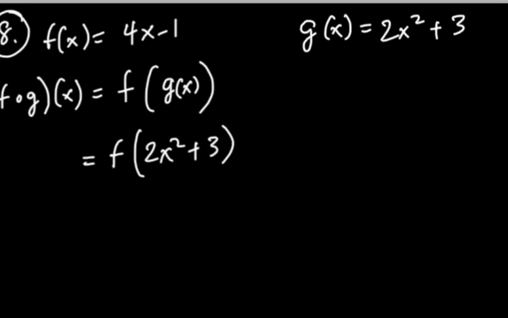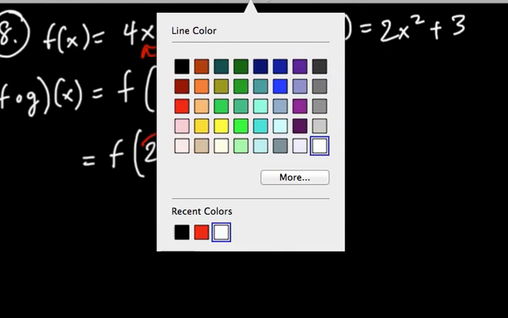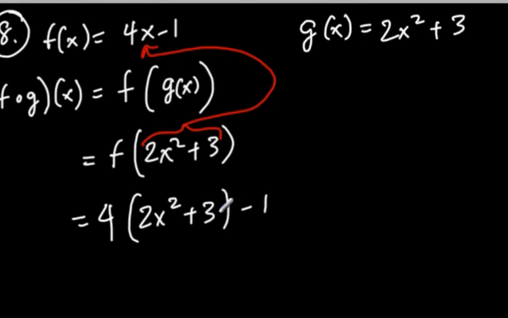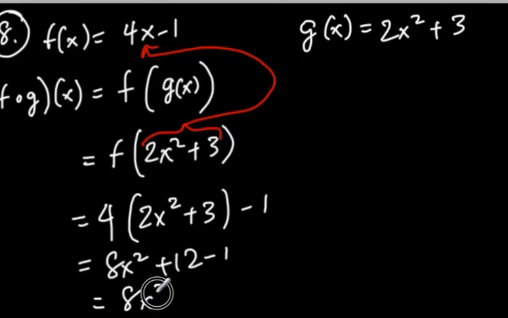And remember, all we're doing is we're taking this argument and subbing it right there. Okay, so it's equal to 4 of something minus 1, and that something happens to be 2x squared plus 3. So we can simplify this. This is 8x squared plus 12 minus 1, which is equal to 8x squared plus 11. And that is f of g.